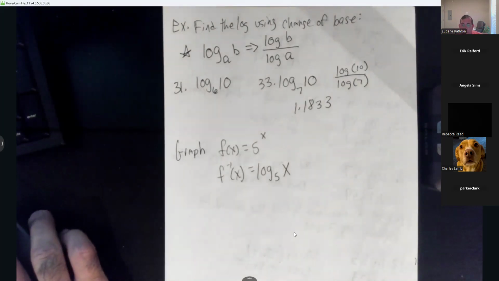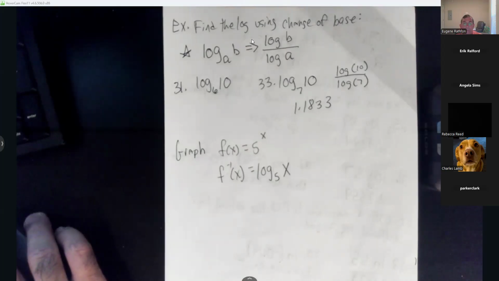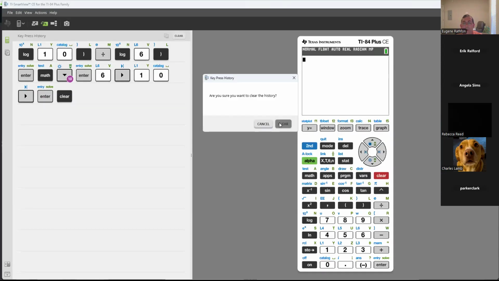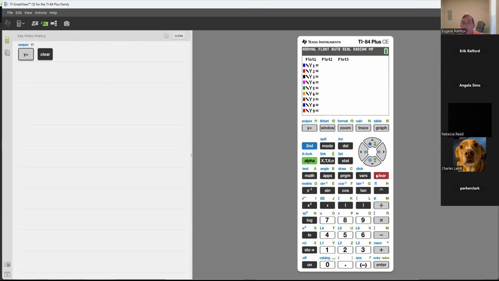So y'all, I'm going to go to my TI-84. I'm going to clear everything off. I'm going to go to y equals and clear this. So I would do the first function, y equals 5 to the x. I'm going to put 5 exponent x.